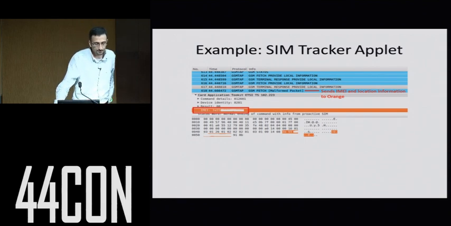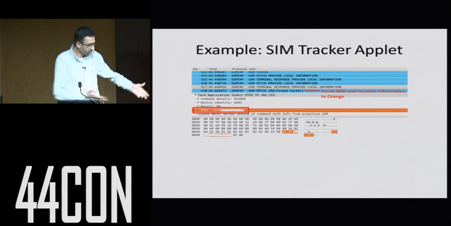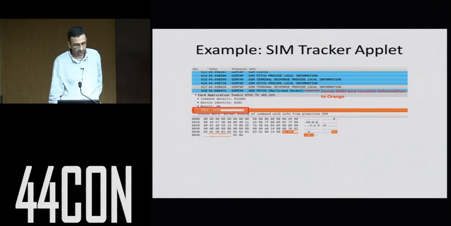So this is one of the samples of the applications that can be executed on your smart cards without you even realizing it. And the purpose for that is mainly for police investigation and stuff.